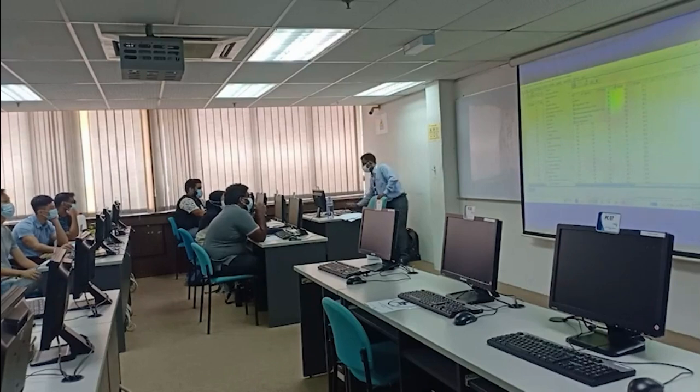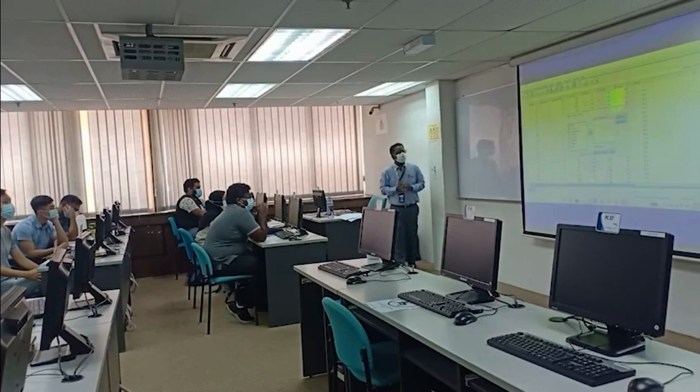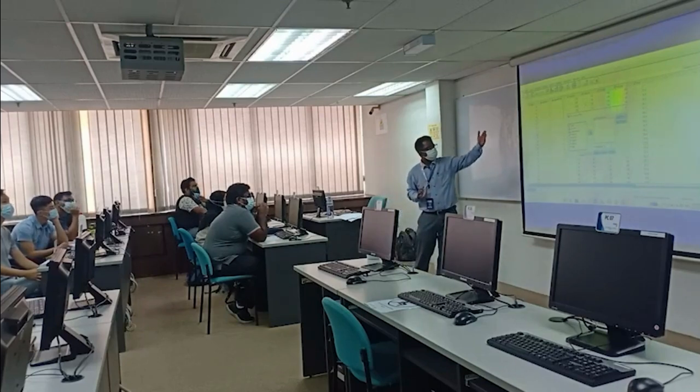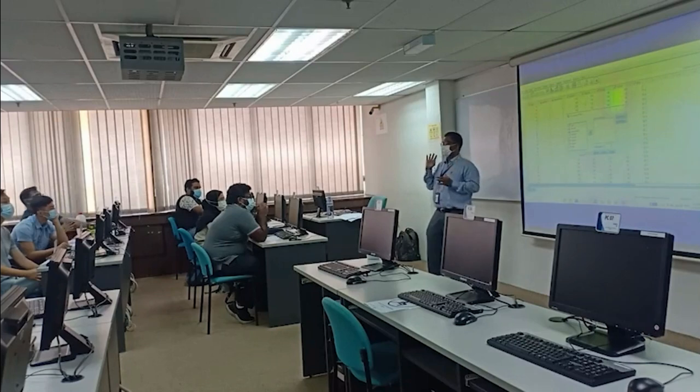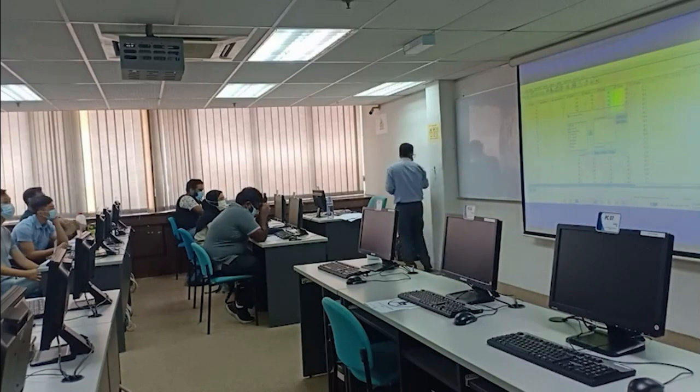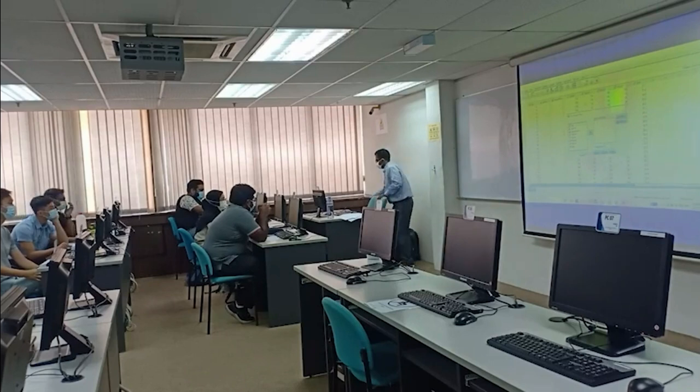Then you have to click on one sample t-test. When you click one sample t-test, you will get 2 options. You have to select test variable and you have to select test value. Test variable, you have to select the variable which you are testing. Here it is systolic blood pressure before treatment, SBPBT.